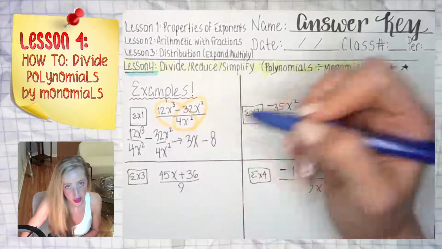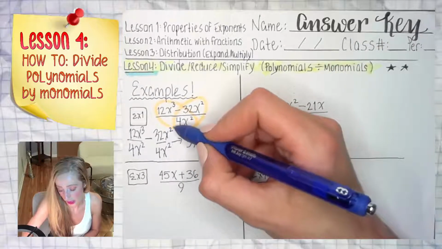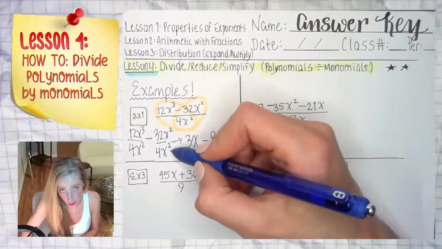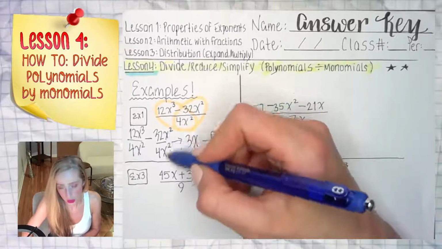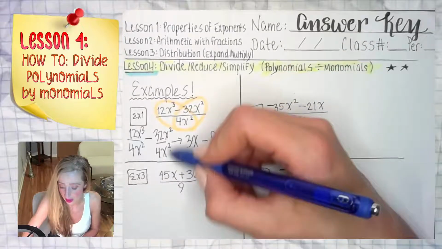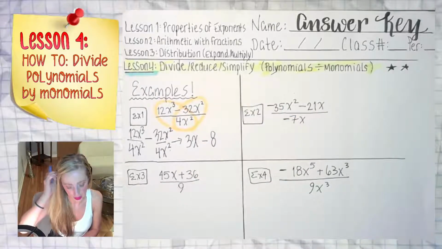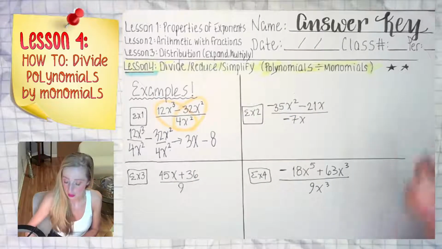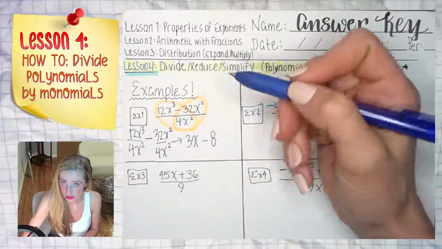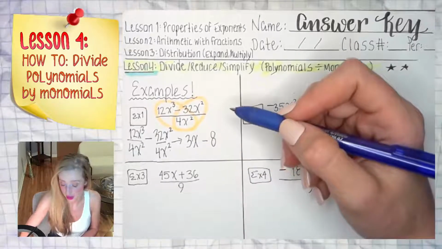X squared divided by x squared. Only, I can't reinforce this enough, okay? Only in the situation where your variable and your power match will you get a 1. A lot of times I'm seeing very strange things happening where these 1s are popping up. I'm going to make a video reviewing the content covered on the first quiz, and I will try to point out very common mistakes that were actually already addressed during class time.